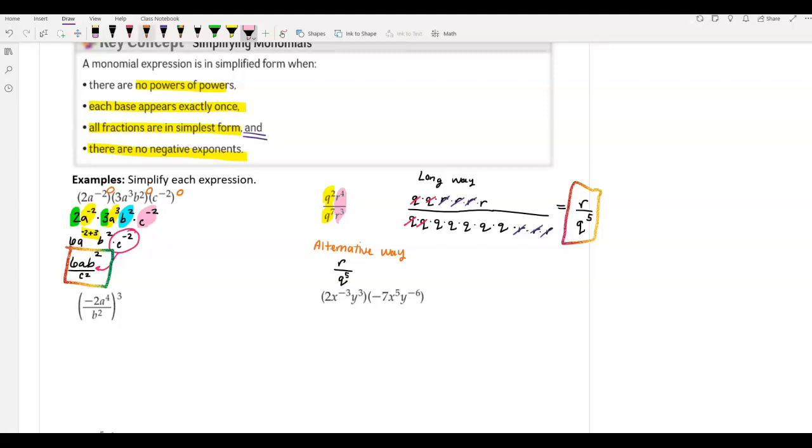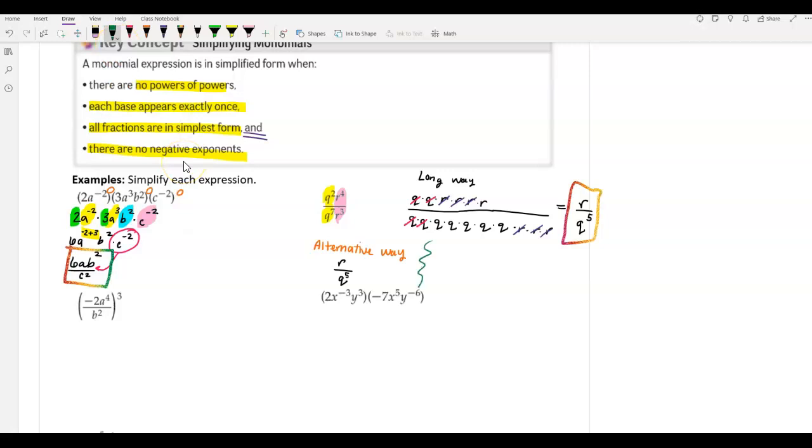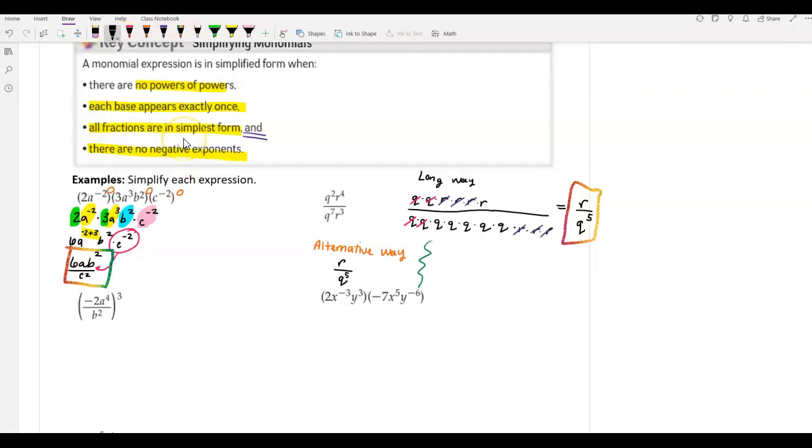Now, one last way that Mrs. Younger will show you is if we put everything up top. So, how do we rewrite an exponent to get it from the denominator to the numerator? Well, we make it a negative. So we already have a q squared, but now we have q to the negative 7.